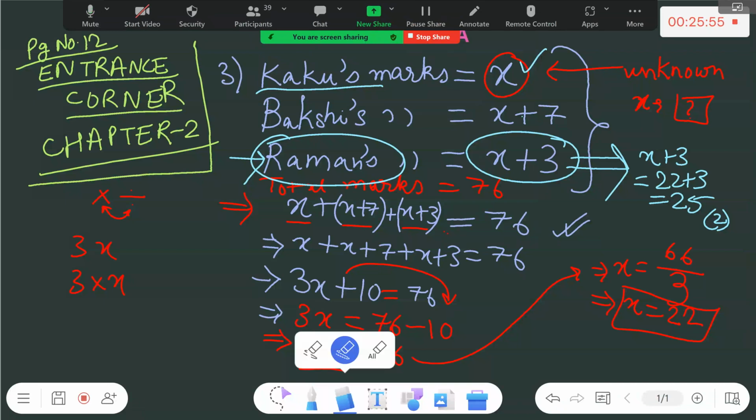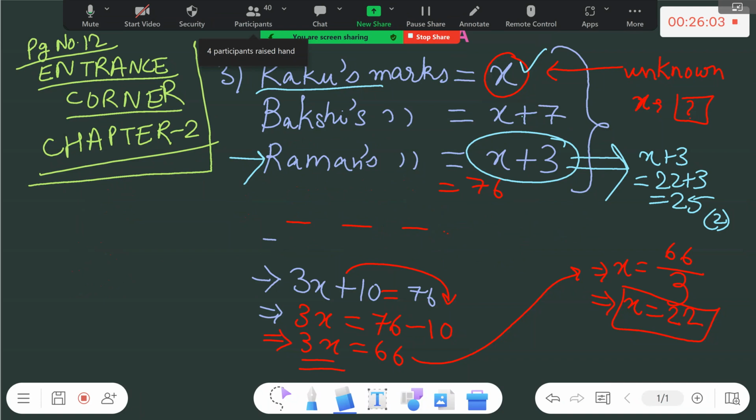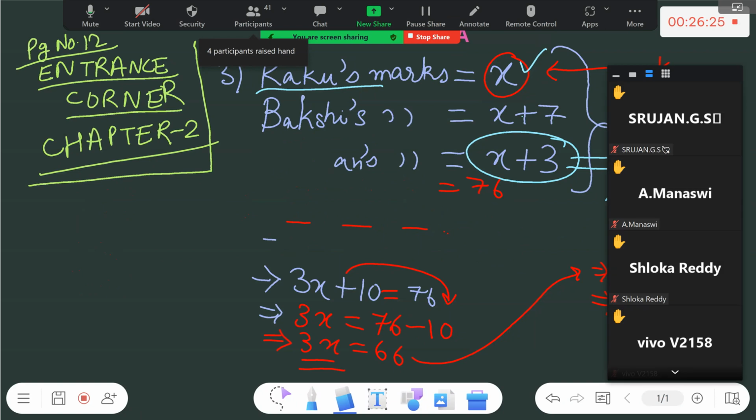Number 4. First one. 4 or 5? Raise your hands for number 4. And raise your hands for number 5. You want both? Okay, let's see. We'll start 4 and if we can do number 5, we'll do it.